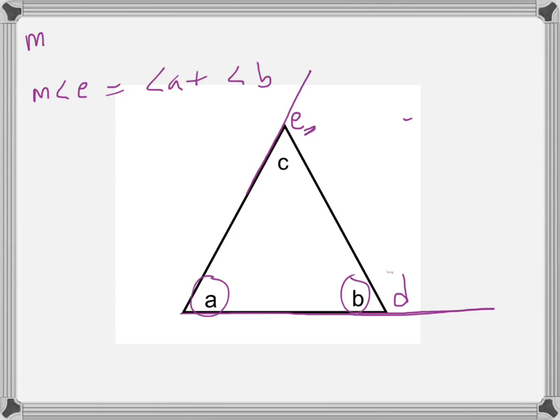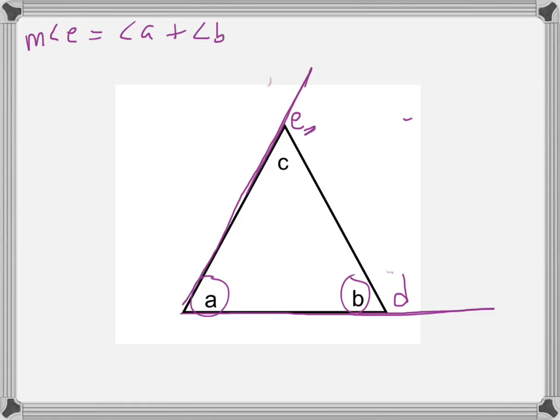But the strange thing about this is, so let's keep this up for a minute. I want to show you something strange that happens here. There's two ways to extend this line. I extended this ray right here to create the exterior angle, right? But I could have also extended this line right here. Then if we look at the relationship between C and this angle, let's label it with a color for a second so I can speak about it.